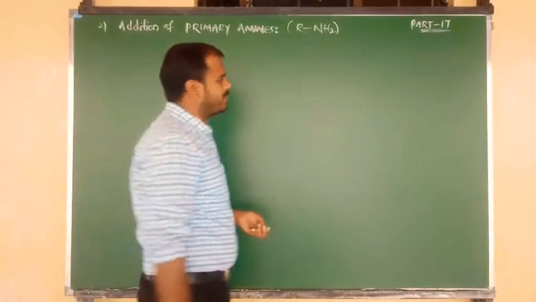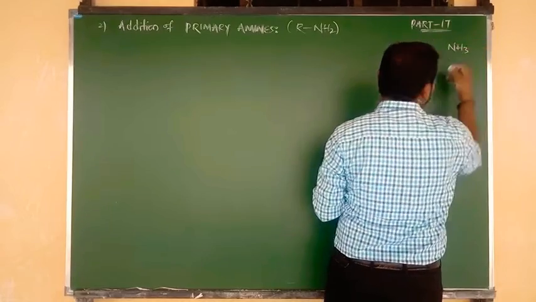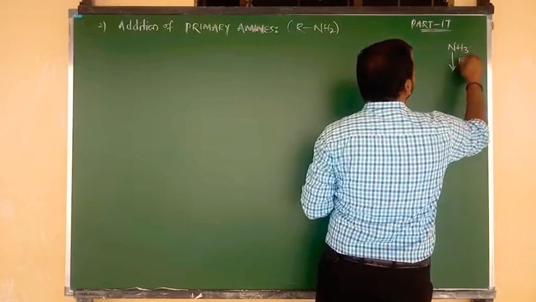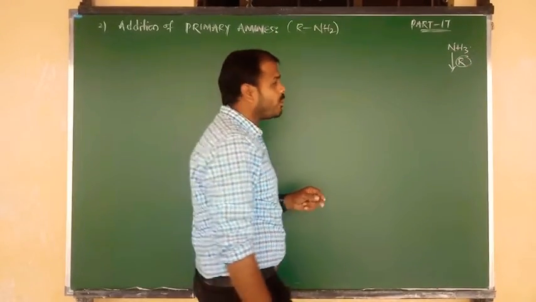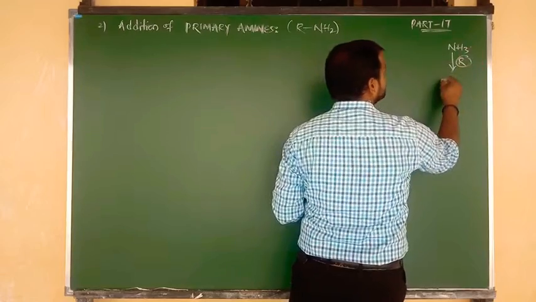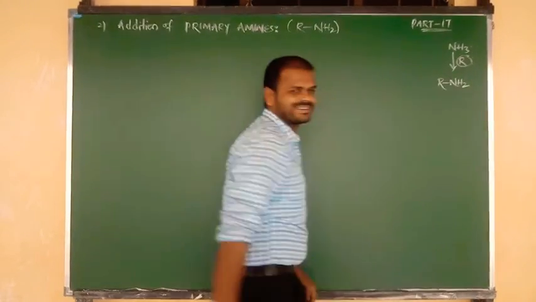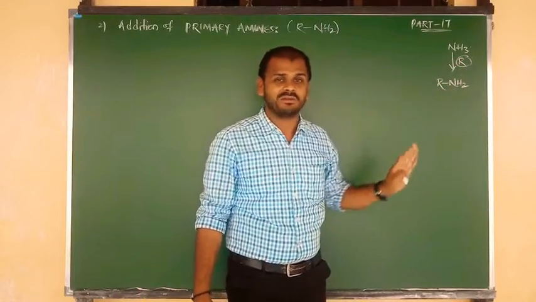Listen carefully. What is the formula of ammonia? Ammonia formula is NH3. In that ammonia molecule, one of the hydrogens is replaced by an R group, I mean alkyl group.